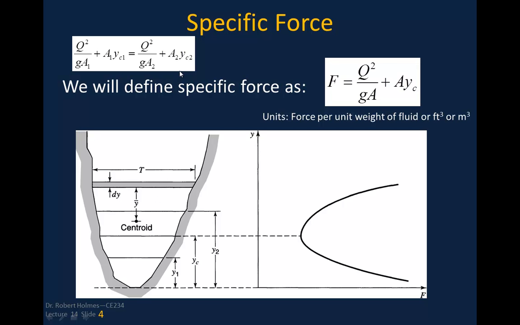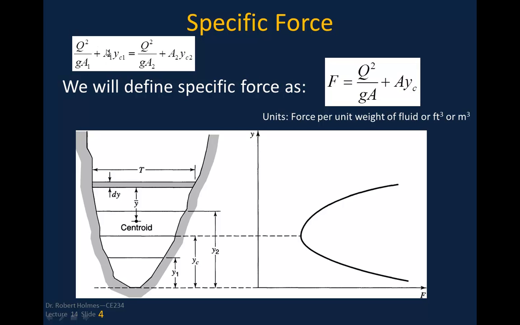Now, this equation here is just a carryover from the previous slide, but we're going to define something we're going to call specific force as Q squared over the acceleration of gravity times the cross-sectional area, plus the cross-sectional area times the distance to the centroid, YC.